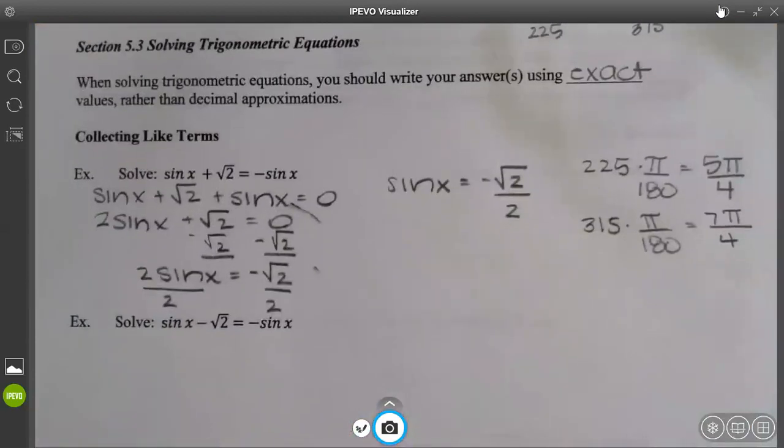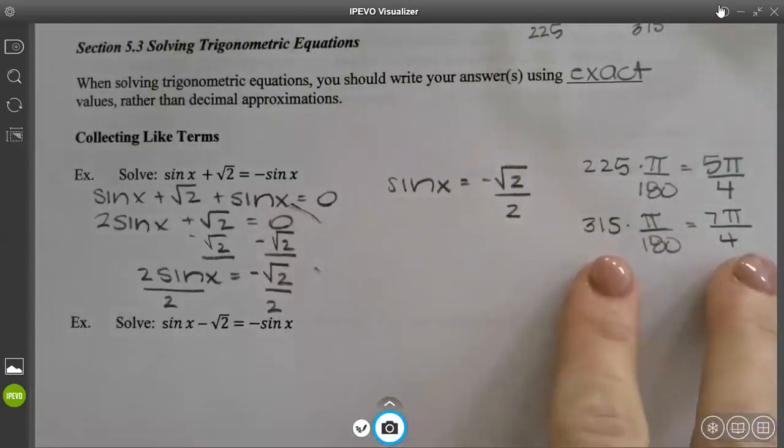So we have these two values, but tell me what you know about the sine graph. So it just keeps repeating itself, right? Right, that's fine.